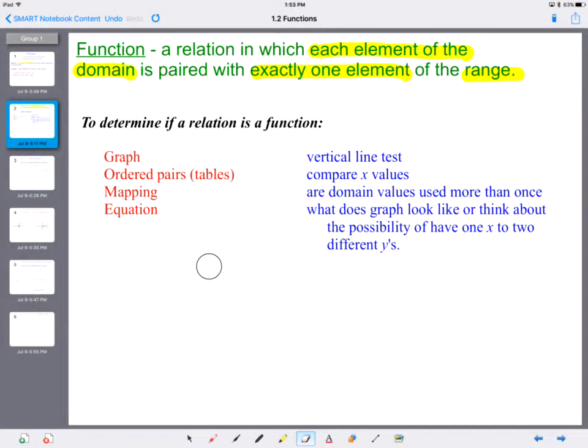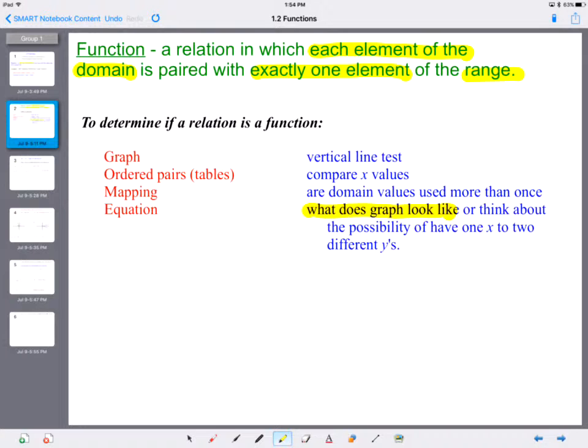And then equation, maybe one of the harder ones to do. To me, what equation are we talking about? What does the graph look like? Is it linear? Is it quadratic? Exponential? What are the things that we're looking at here? And if you don't know what it looks like, because we don't know exactly what every equation looks like, especially when you start combining different types of equations, think about the possibility of having one x and two different y's.